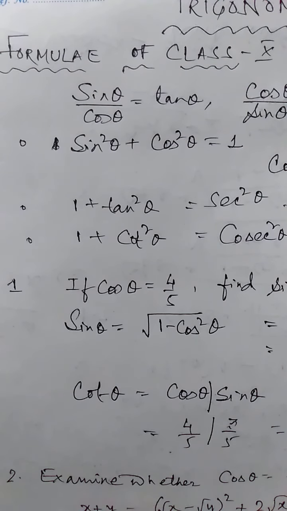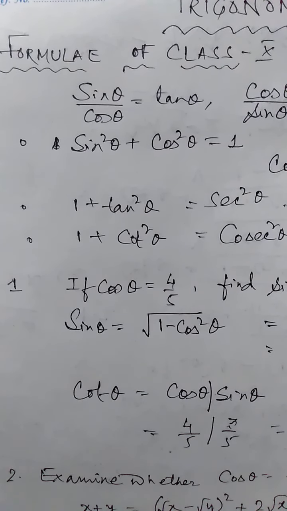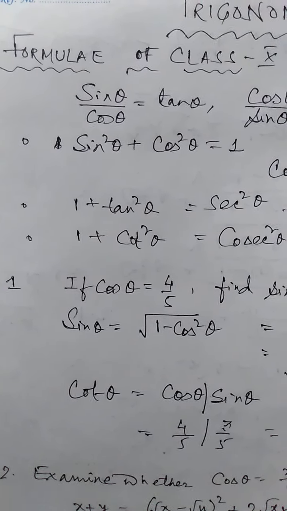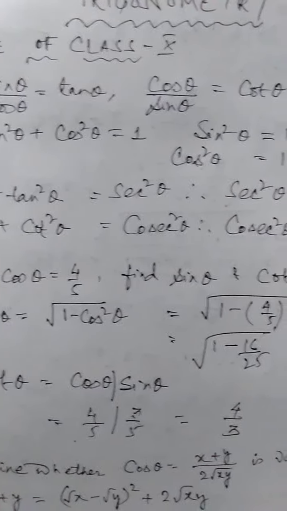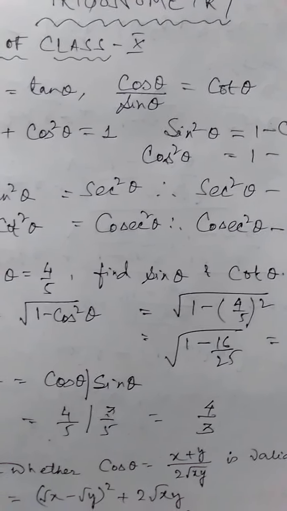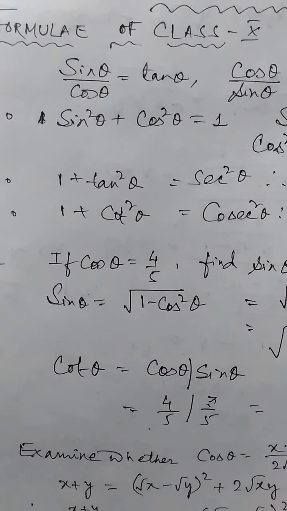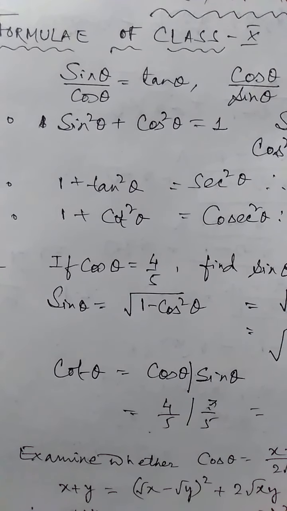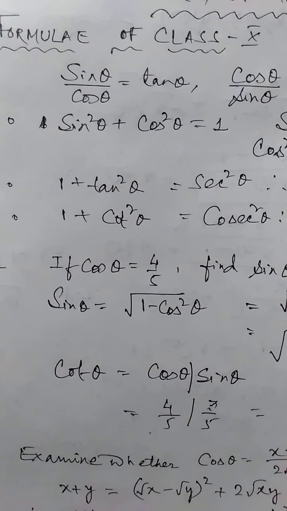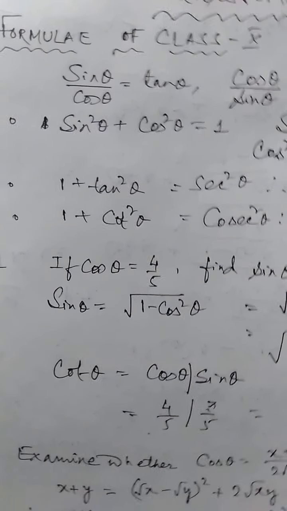So first formula is sine, as you know very well, maximum formulas you know all this. Sin theta by cos theta is equal to tan theta, and cos theta by sin theta is equal to cot theta. Now, second very important formula, common formula is sin square theta plus cos square theta is equal to 1.